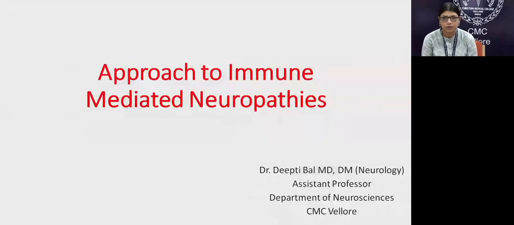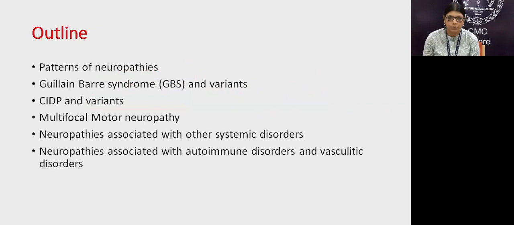Good afternoon to all. Continuing with the series of neurology lectures, today we'll be discussing immune-mediated neuropathies. This will be the basic outline of my talk. Even before dealing with the immune-mediated neuropathies, we need to see how to recognize various kinds of neuropathies or different patterns of neuropathies.